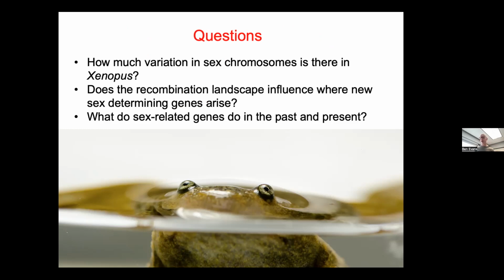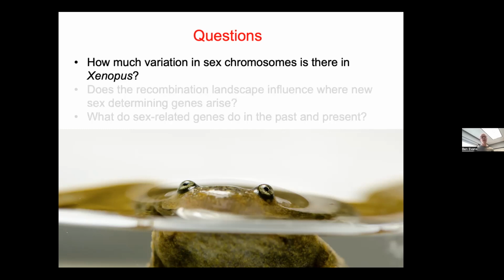And then finally, I want to talk about some of the results we have from genome editing that ask what do sex-related genes do now, and what did they do in the past, and how did they acquire their sex-determining and sex-related gene function. So first, let's ask about how much variation there is among species in African clawed frogs.